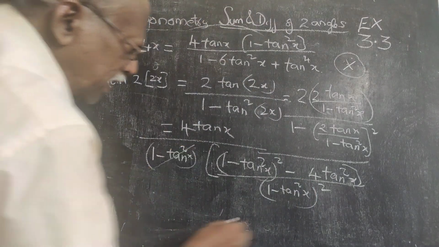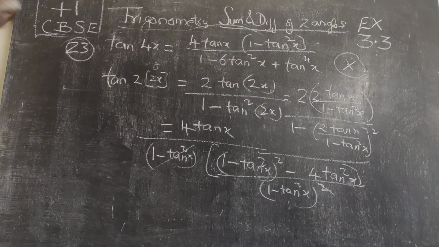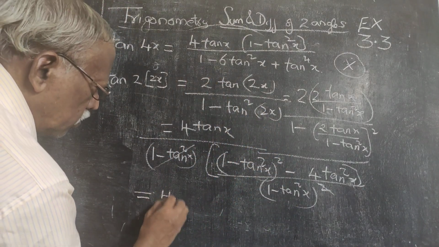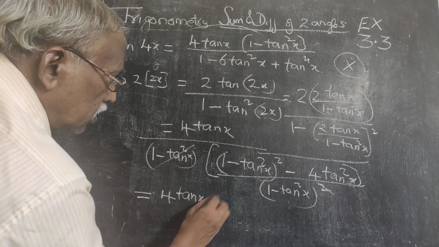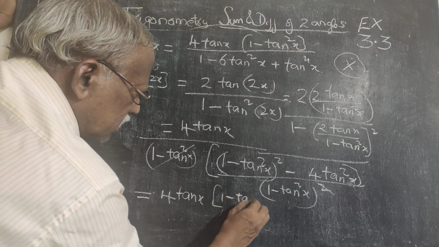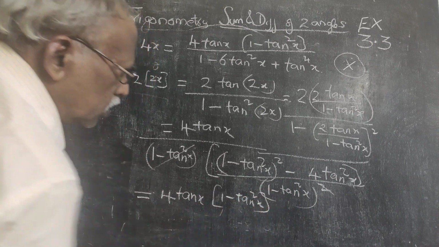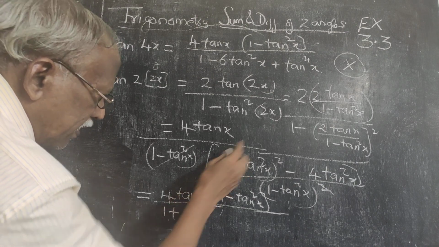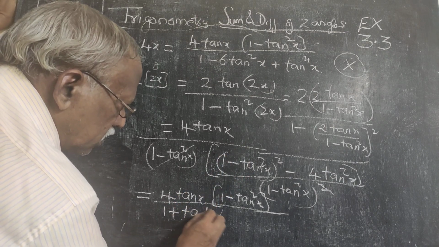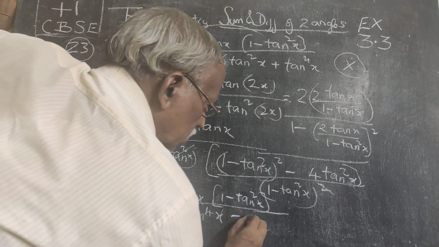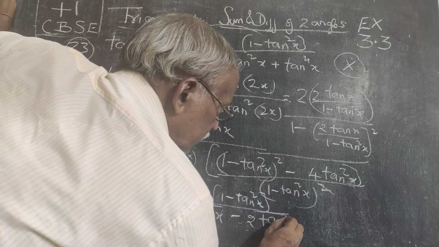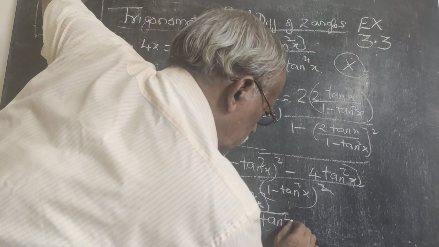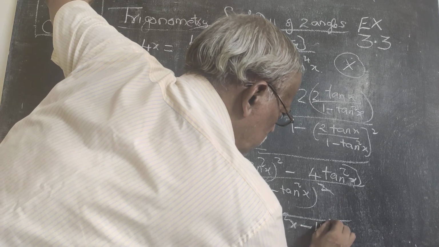The result is this can be cancelled. So this goes up. Therefore what will be there? 4 tan x into 1 minus tan square x. What about the denominator? 1 minus, expanding that, 1 plus tan power 4x minus 2 tan square x, and then minus 4 tan square x.